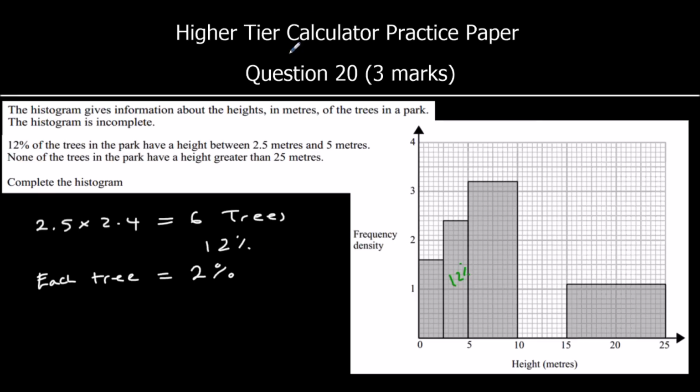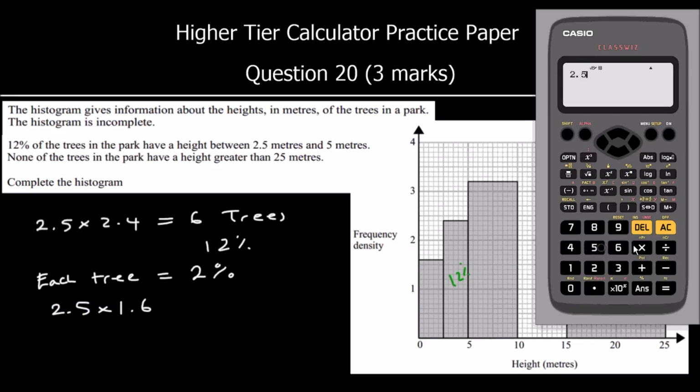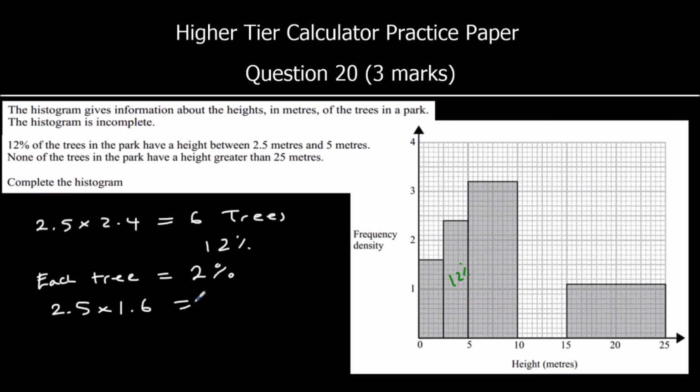So let's work out all of these areas. So 2.5 times 1.6 is 4. So 4 trees is 8%.